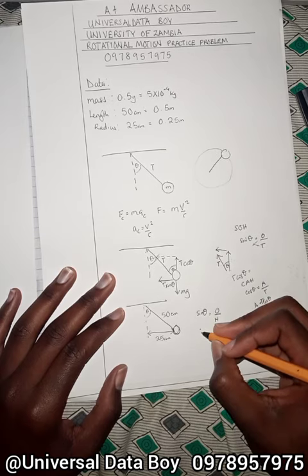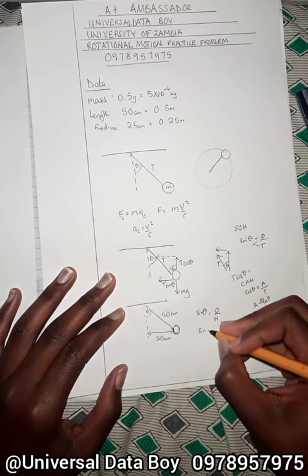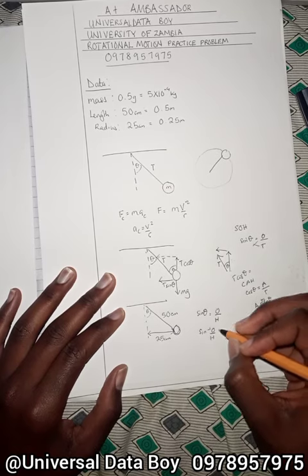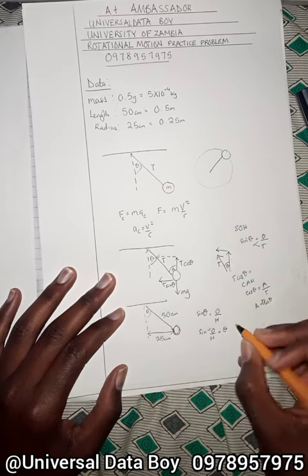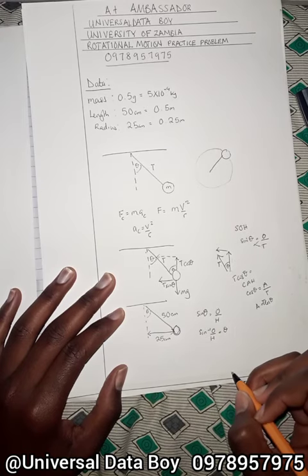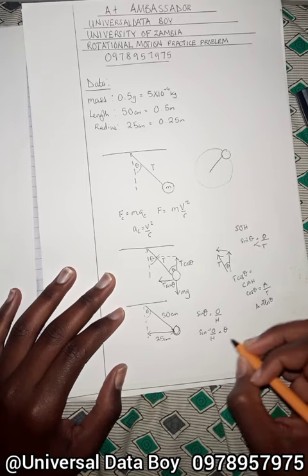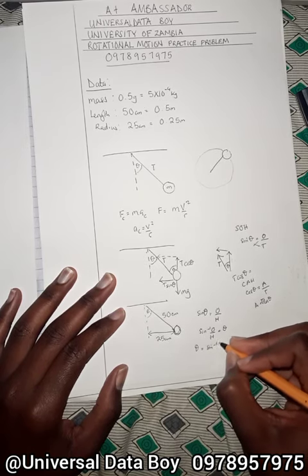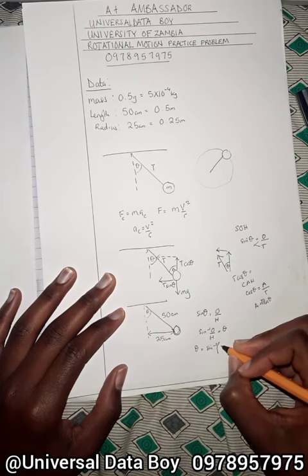So the sine inverse of the opposite over the hypotenuse will be equal to theta, since when we take the sine inverse of both sides, this one will cross out, and then we have theta on the other side. So now our theta will be equal to the sine inverse of the opposite.